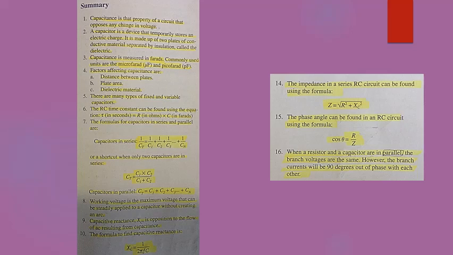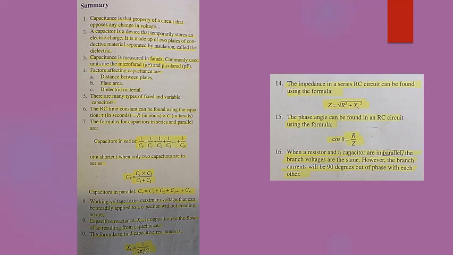Or as a shortcut, when only 2 capacitors are in series, you can use total capacitance equals capacitance 1 times capacitance 2 divided by capacitance 1 plus capacitance 2. For capacitors in parallel, you use the formula total capacitance equals capacitance 1 plus capacitance 2 plus capacitance 3, and so on. 8. Working voltage is the maximum voltage that can be steadily applied to a capacitor without creating an arc, sometimes referred to as WV.